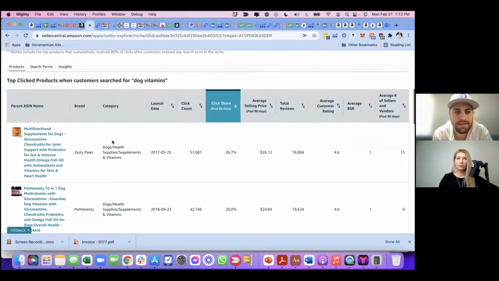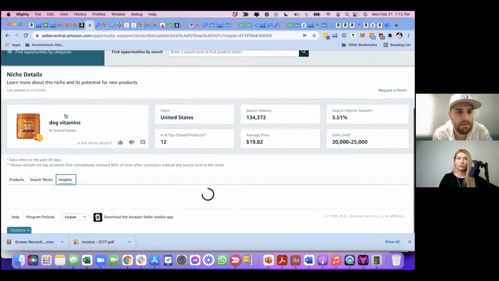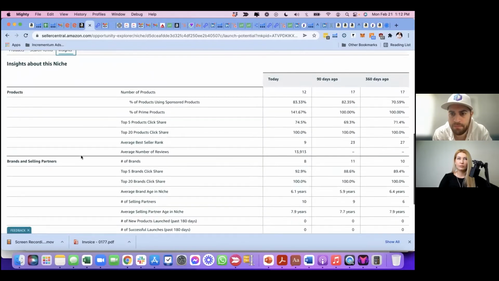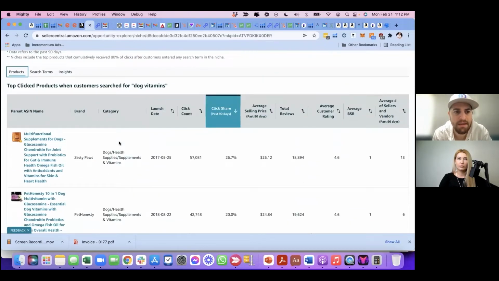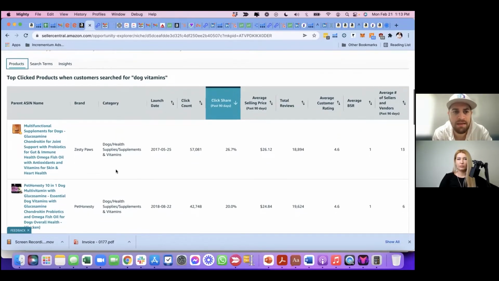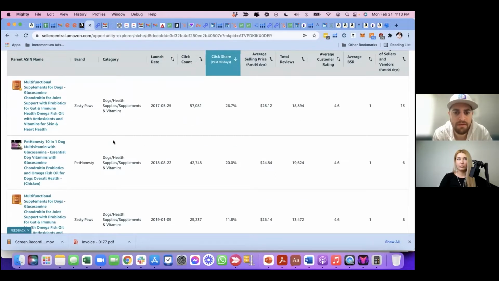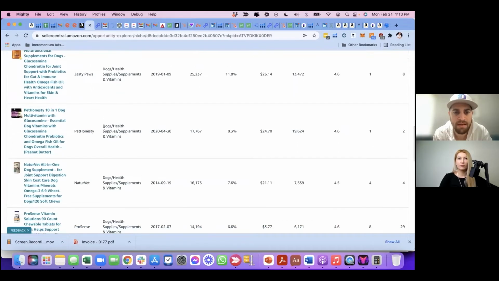What I see when I go into this particular market is I see the actual brands once I click on products, and I see the total click count that these brands have within the market.